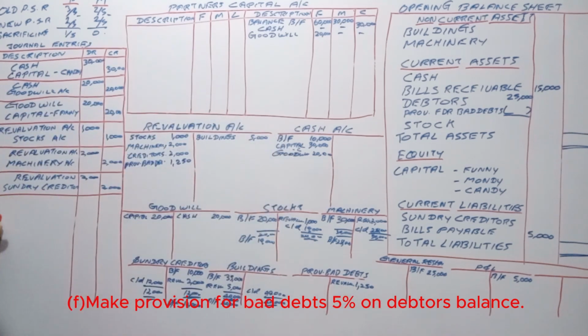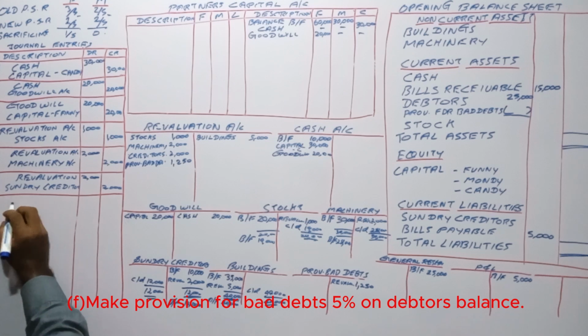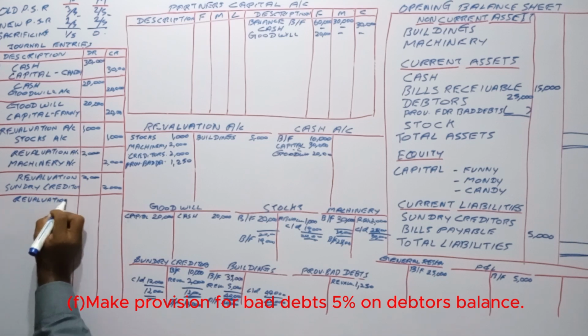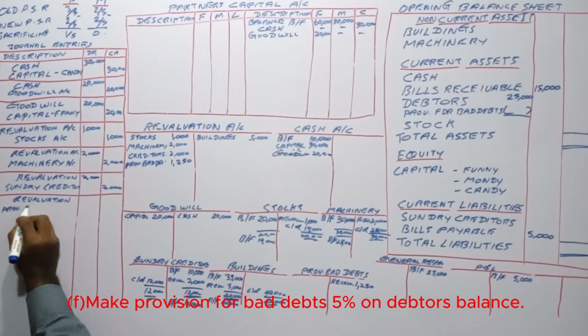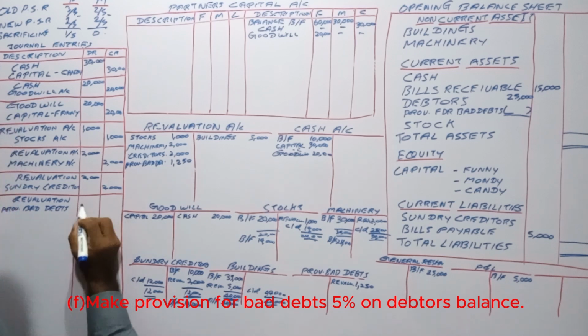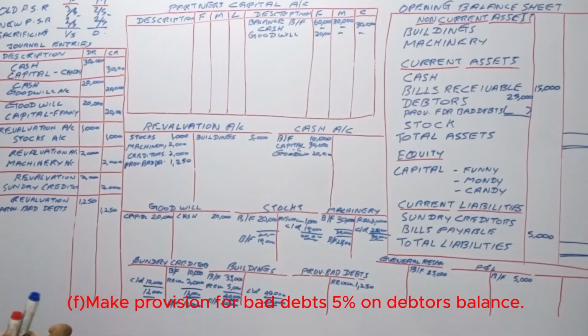So here the journal entry would be revaluation account debit and provision for bad debts credit 1,250.